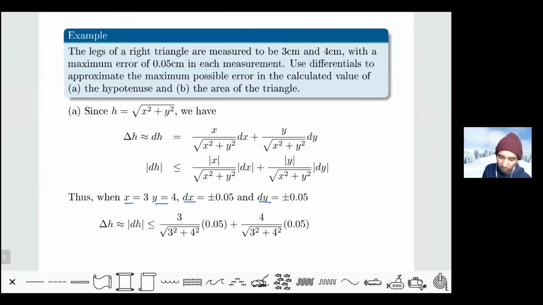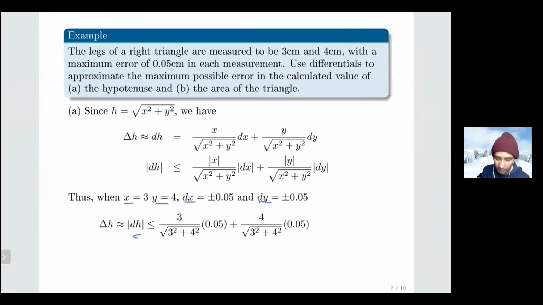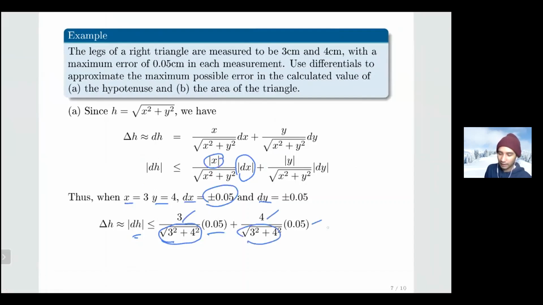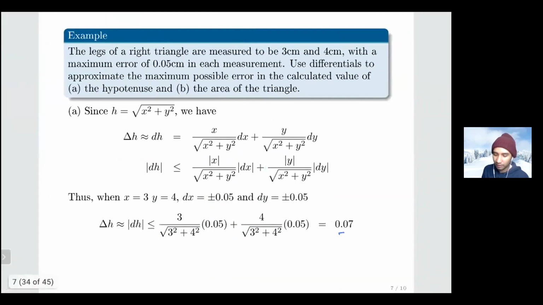Mako-compute na natin yung bounds for dh. Okay. So, dh is less than or equal to absolute value of 3, square root of 3 squared plus 4 squared. Tapos dito, ang absolute value ng dx ay 0.05. Same here. So, palitan mo yan ng 4, tapos 0.05, and then this denominator. And then just calculate. Pag kinalculate nyo, lalabas ay 0.07.